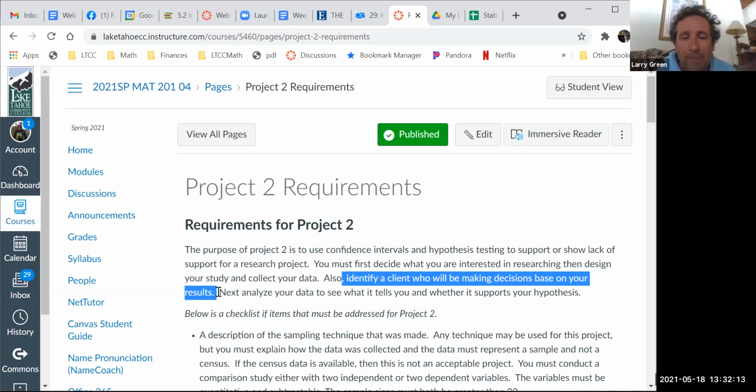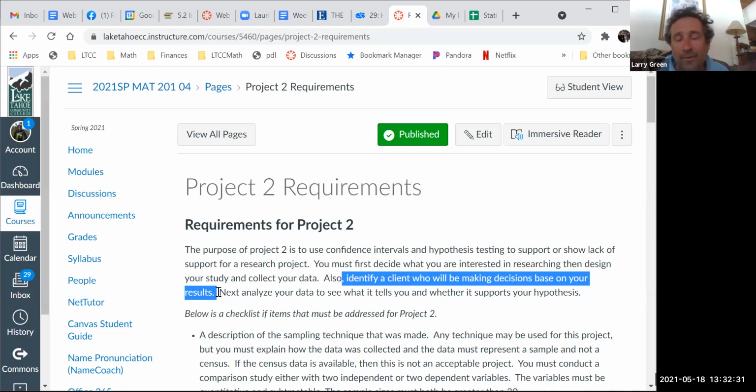Okay, the other big difference is that project one had to be a survey where you asked people a survey question. In project two, you're just collecting data. It doesn't have to be a survey question.